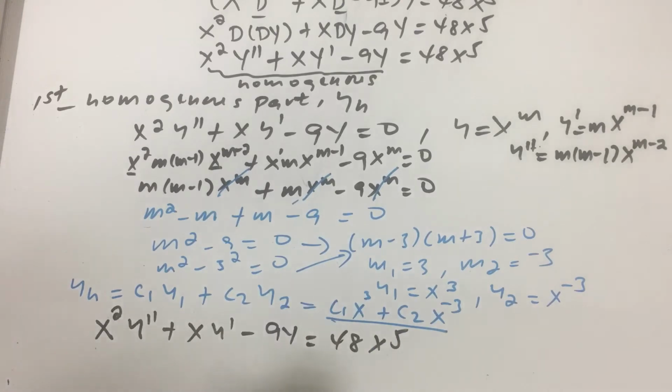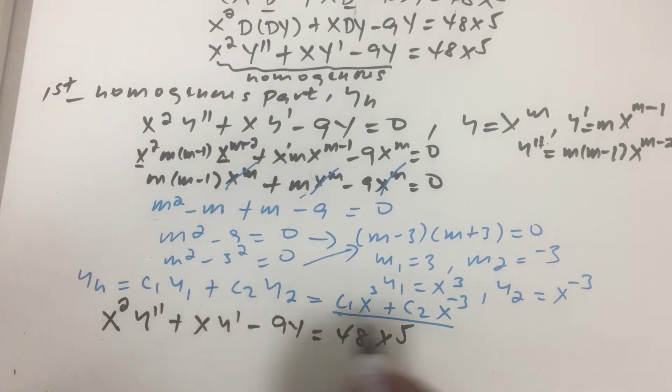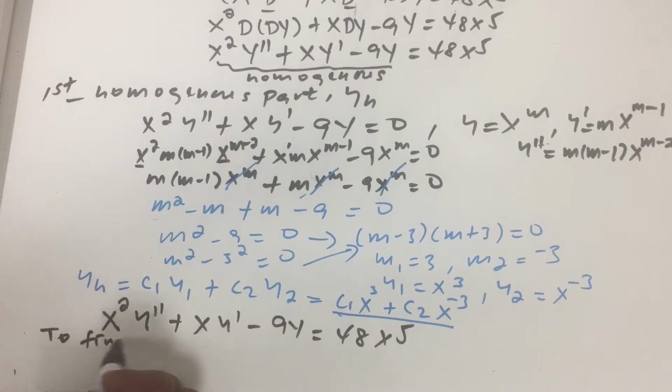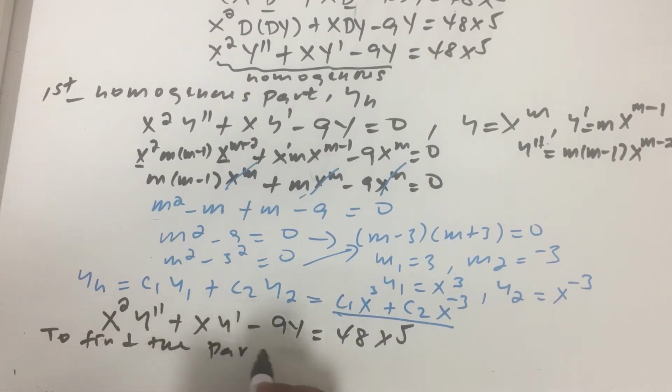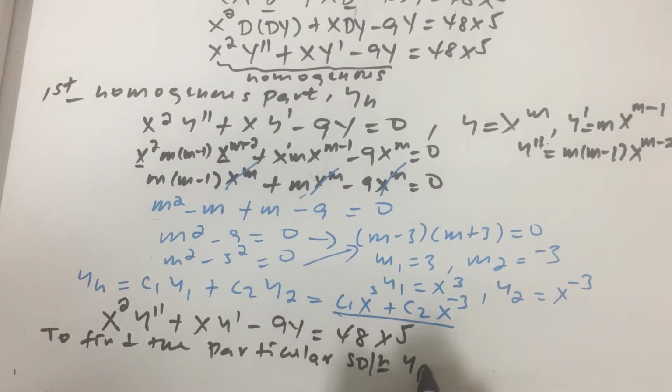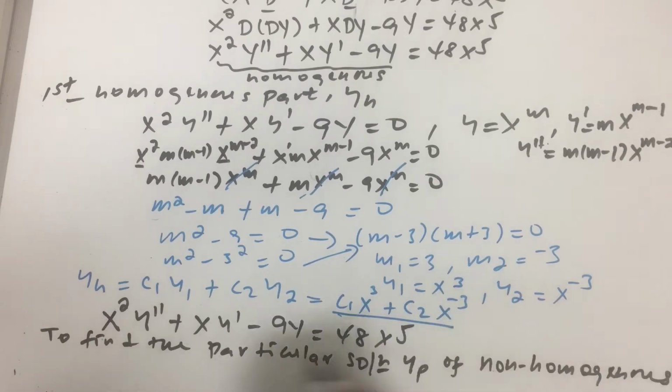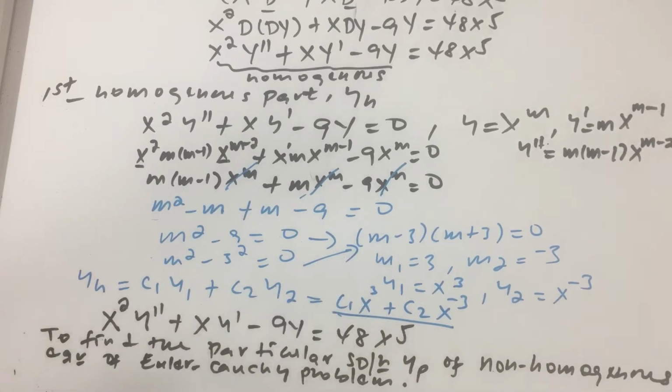This is our original problem, okay? To find the particular solution yp of the non-homogeneous equation of the Euler-Cauchy problem.